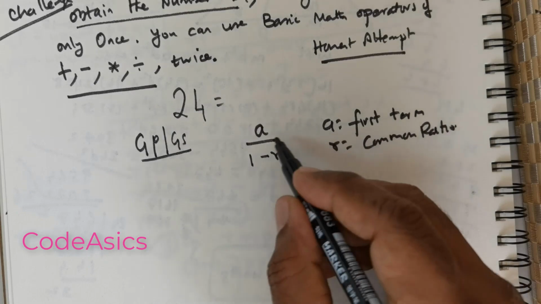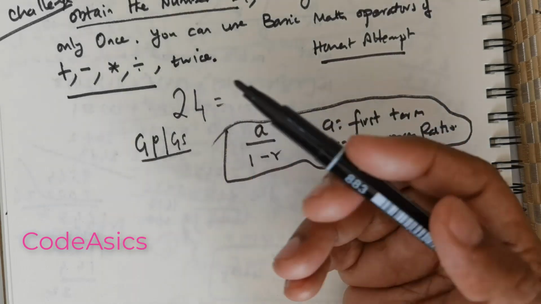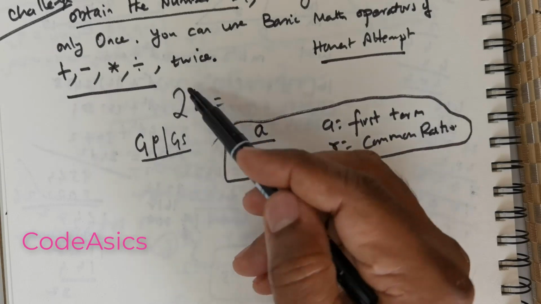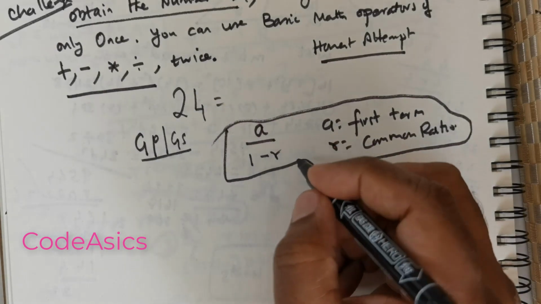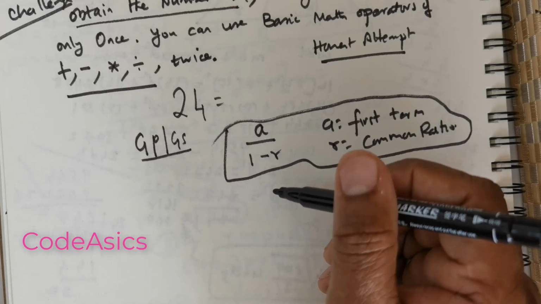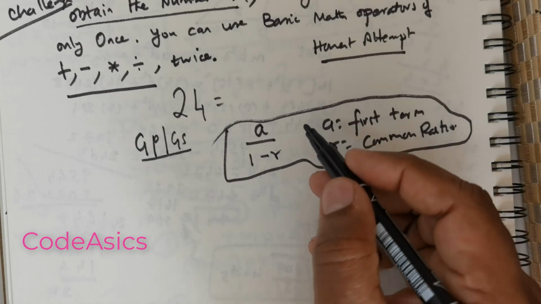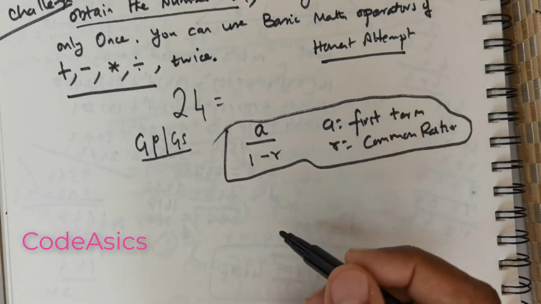Right? So what does the question want? The question is asking you for the sum. So you need to produce that sum. Now clearly you can see all of the operations represented here.